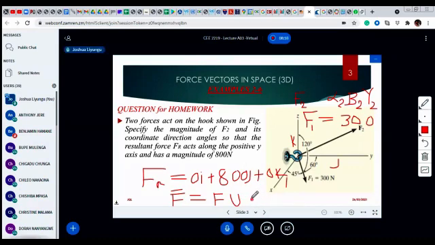This is the same as the force multiplied by cos alpha I, plus the same force cos beta J, plus the F cos gamma K. We can remember about that.